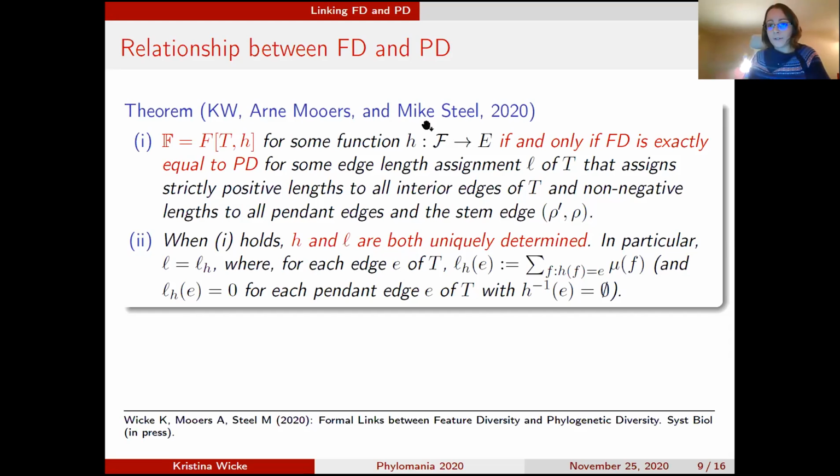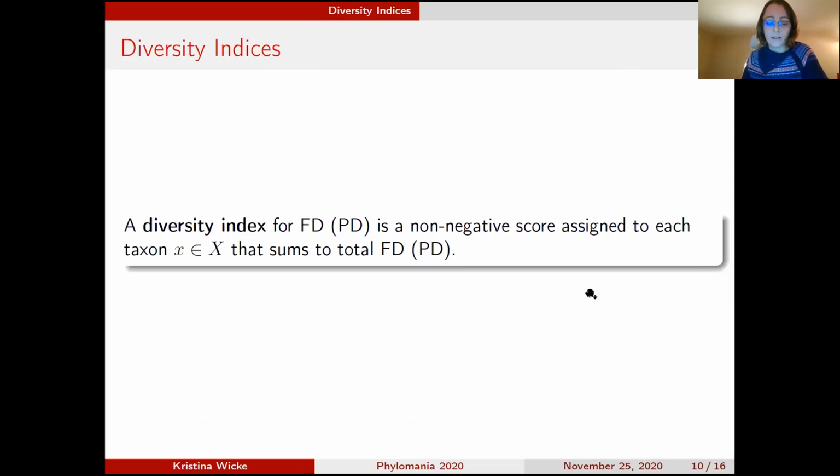And this is what phylogenetic diversity indices do. So a diversity index, either for FD or PD, is simply a non-negative score assigned to each taxon that sums to total FD or PD. So the idea is that a diversity index apportions the total diversity present among all taxa, and this can then serve as a prioritization criterion.